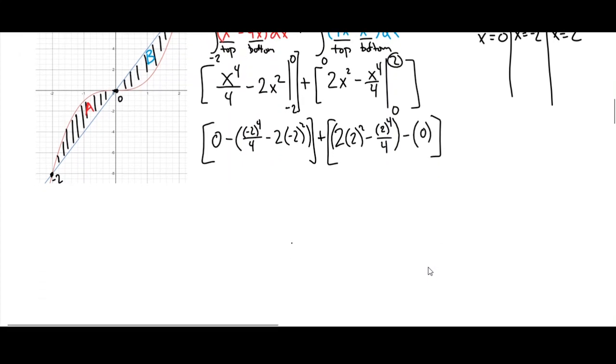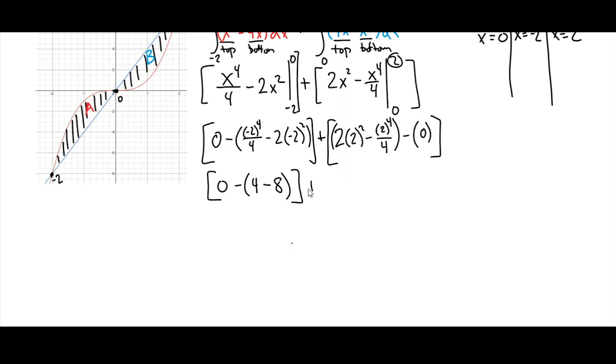Let's scroll this down a little bit. Let's do some algebra now. This is the part where I have to be careful, right? The algebra is the part where we tend to make the most mistakes. Over here we get 0 minus -2 to the 4th, which is 16. 16 divided by 4 is just 4, right? Minus -2 squared gives me +4. +4 times -2 gives me -8, okay?